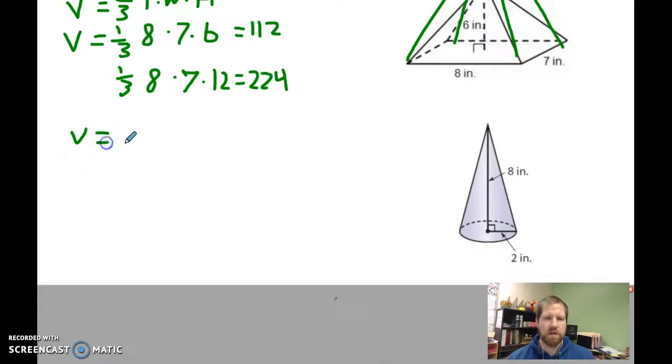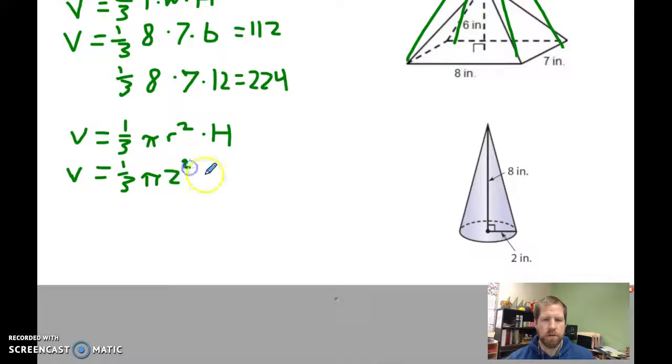For this one, I'm going to go straight into my expanded big base. That's going to be pi radius squared times my height, or volume equals 1/3 pi times 2 squared times 8.